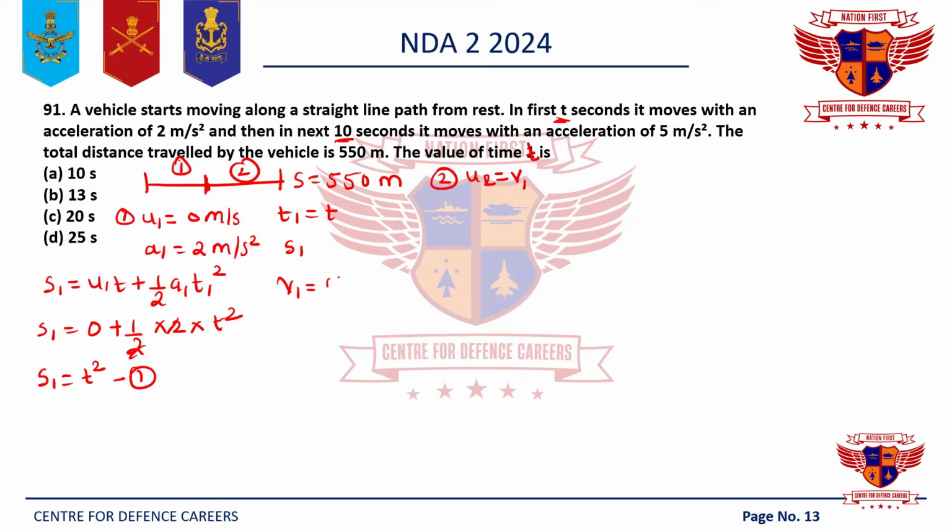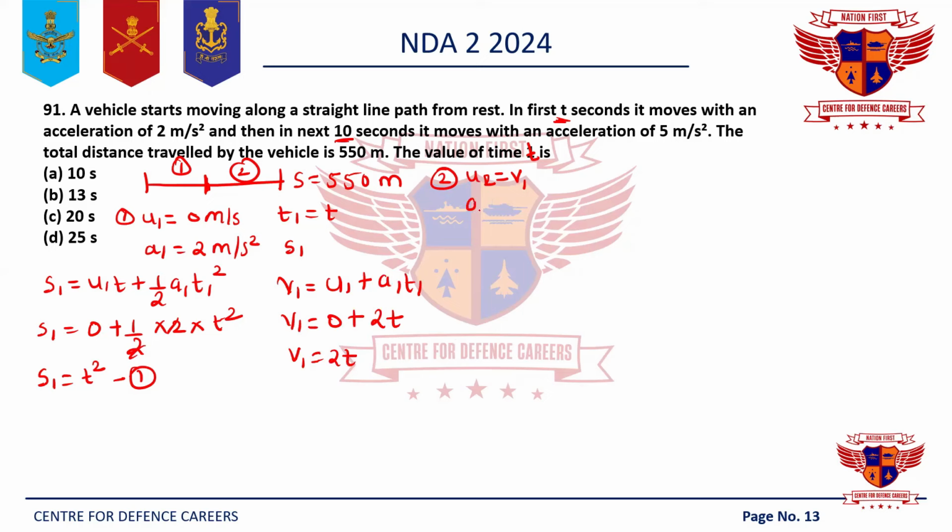Using the equations of motion, we get V1 equal to U1 plus A1 T1. Since U1 is 0, this becomes 0. A1 is equal to 2 and T1 is equal to t. So we have V1 equal to 2t. Now this V1 will be equal to U2. That is, the final velocity of phase 1 will be equal to the initial velocity of phase 2.